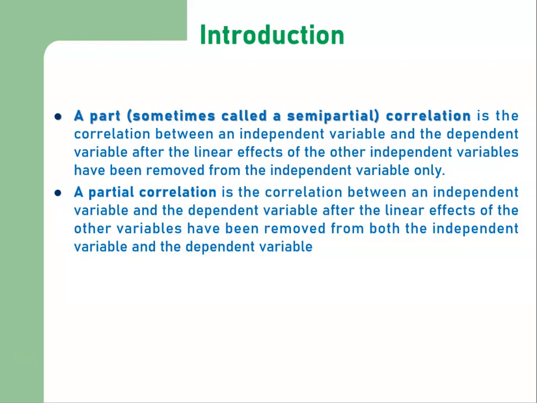So, in case of part correlation or semi-partial correlation, we remove the linear effects of the covariates or confounding factors from the independent variable only. Whereas in case of partial correlation, we remove the linear effects of the other variables from both the independent and the dependent variables.